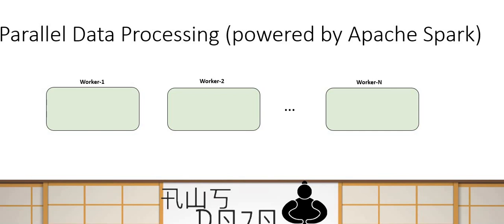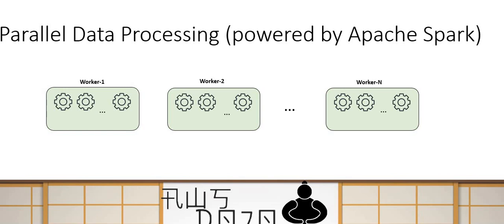In each of these workers, a number of executors run. These executors are responsible for processing your data in parallel. So you can see here we have a number of workers in parallel, and then in each of these workers we have a number of executors.